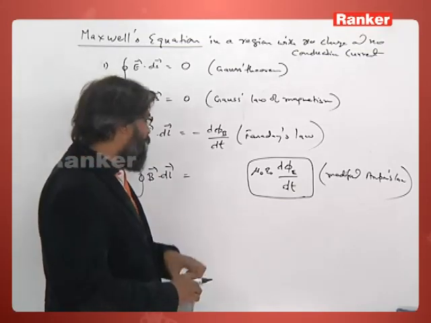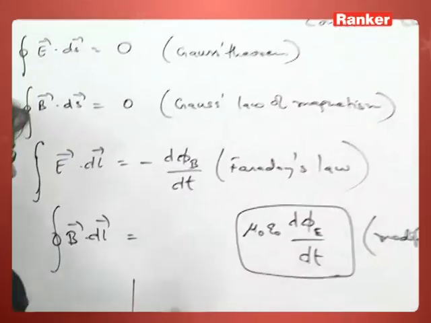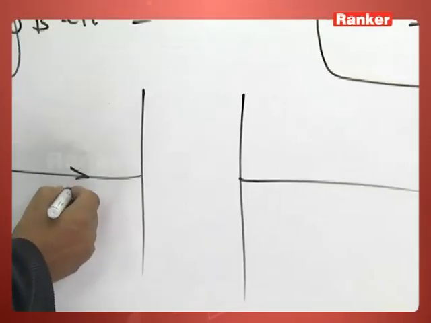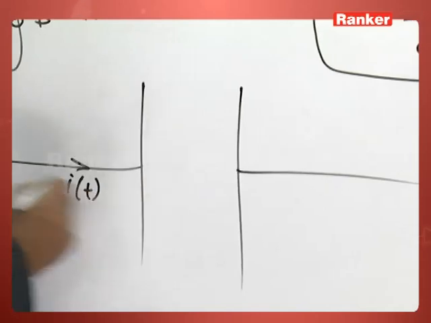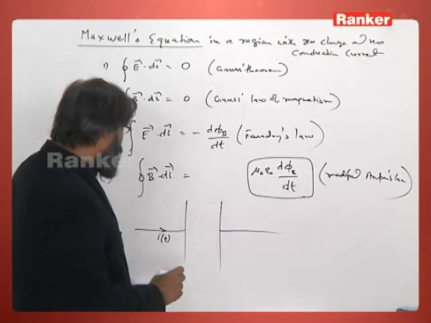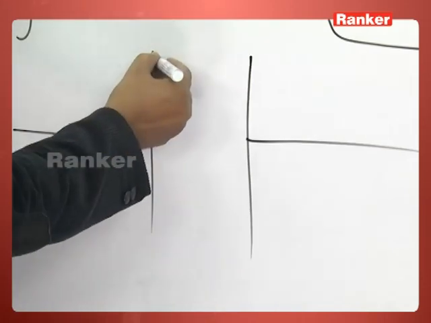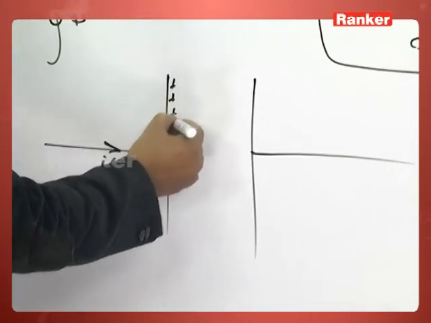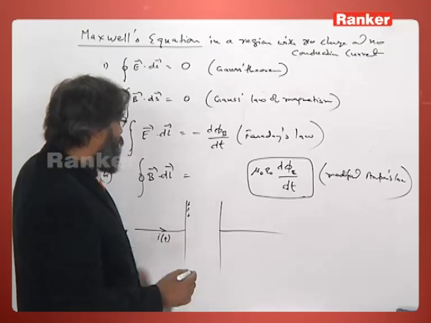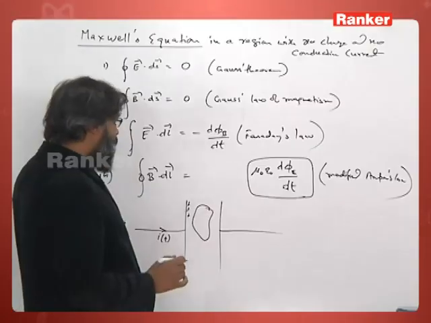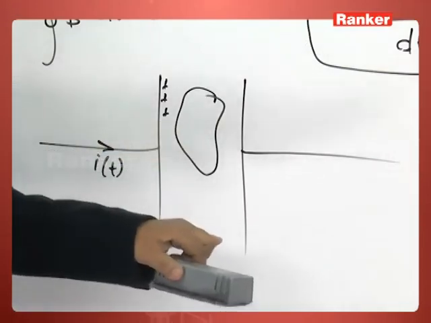For example, take a charging or discharging capacitor. Here there is a time varying field. On the capacitor plates there is a time varying charge, but in between, in this region, there is neither any current nor any charge.